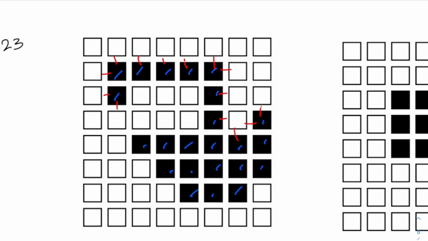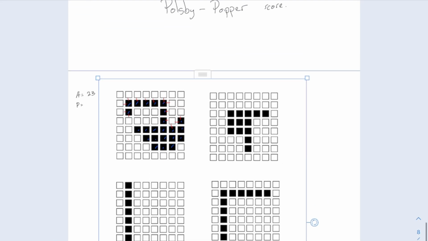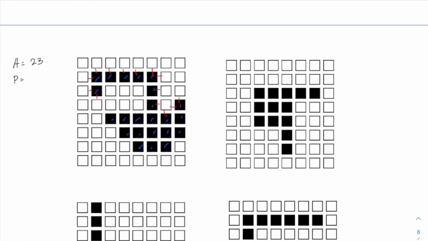As I go around, I started over here. I go 1, 2, 3, 4, 5, 6, 7, 8, 9, 10, 11, 12, ... 34. I got 36. That's the distance around the outer edge. I hope that you see how I did that. That was the perimeter.